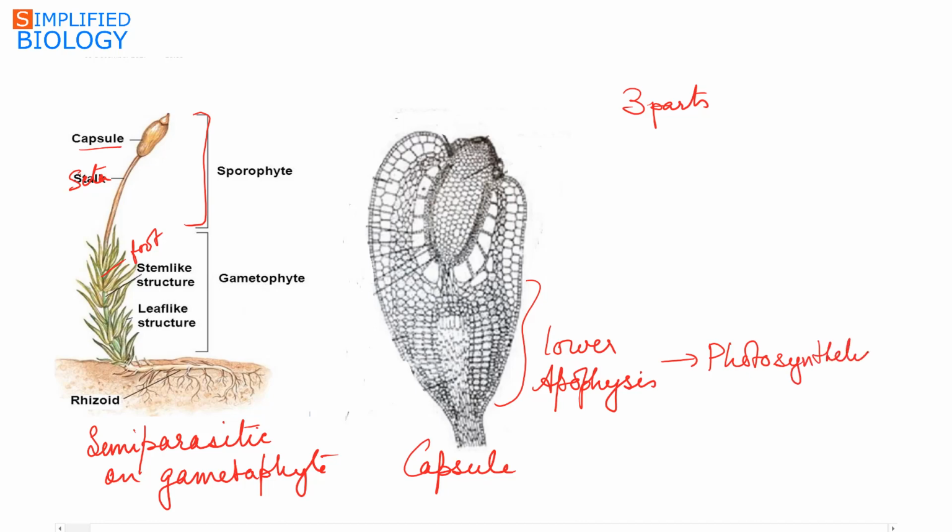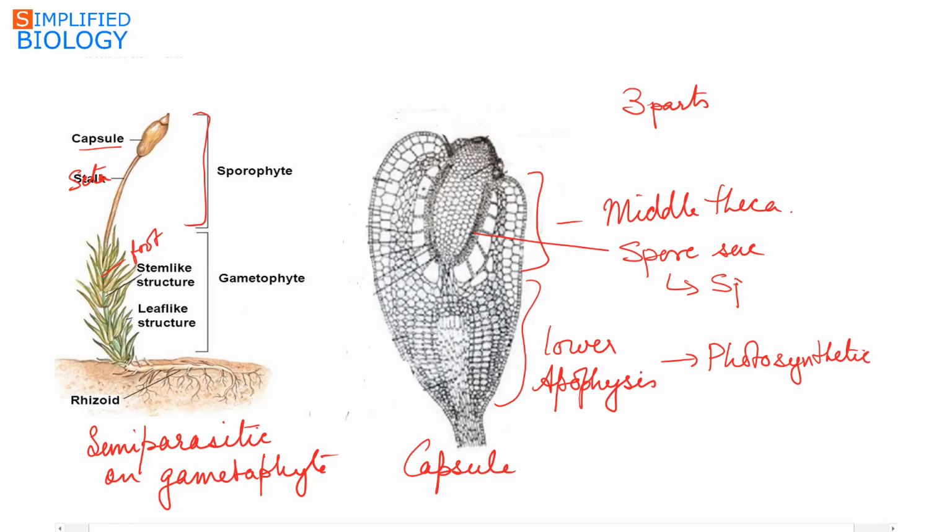It is due to this that the sporophyte in Funaria or the mosses is semi-parasitic upon the gametophyte. Lying above the apophysis is the middle theca, inside which is present the spore sac, in which develop the haploid spores after meiosis.